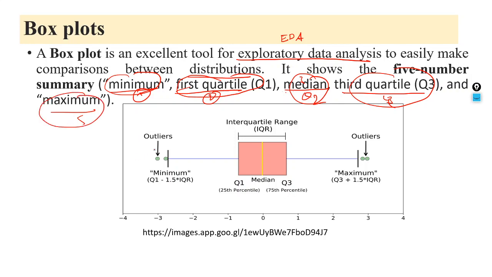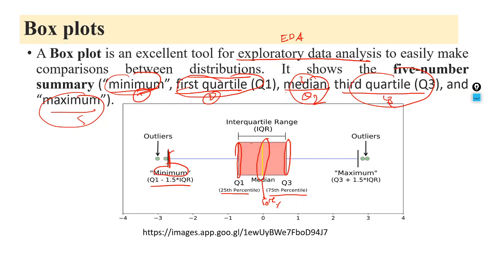If you observe this diagram, this line we call the minima. What is the formula for minima? Q1 minus 1.5 into IQR. What is meant by IQR? This part we call the quartile Q1, which is the 25th percentile, and this is Q3, the 75th percentile, and this yellow line is the median, which is the 50th percentile.